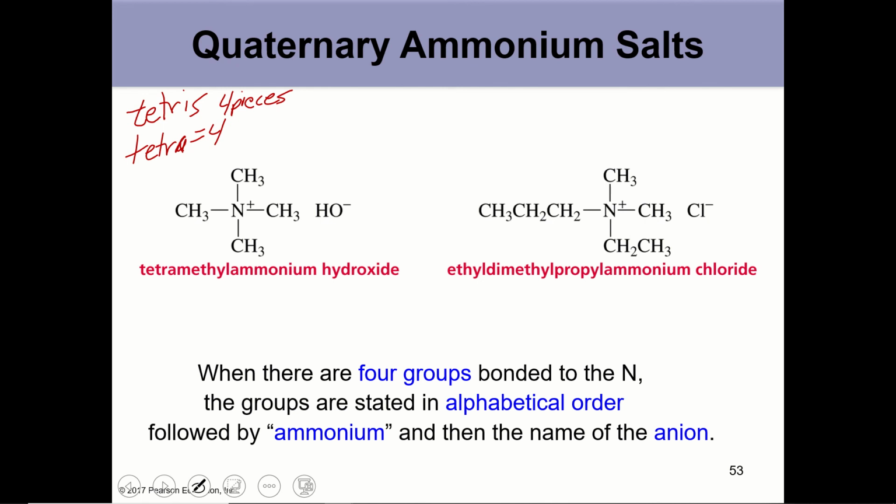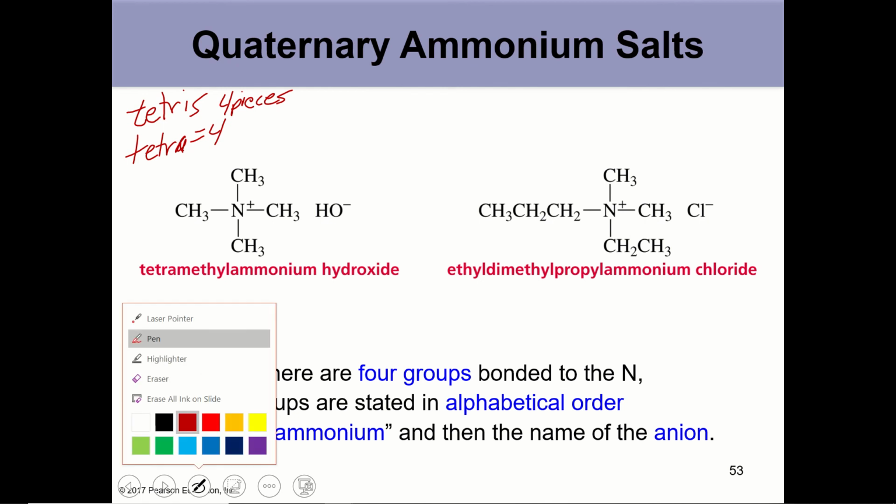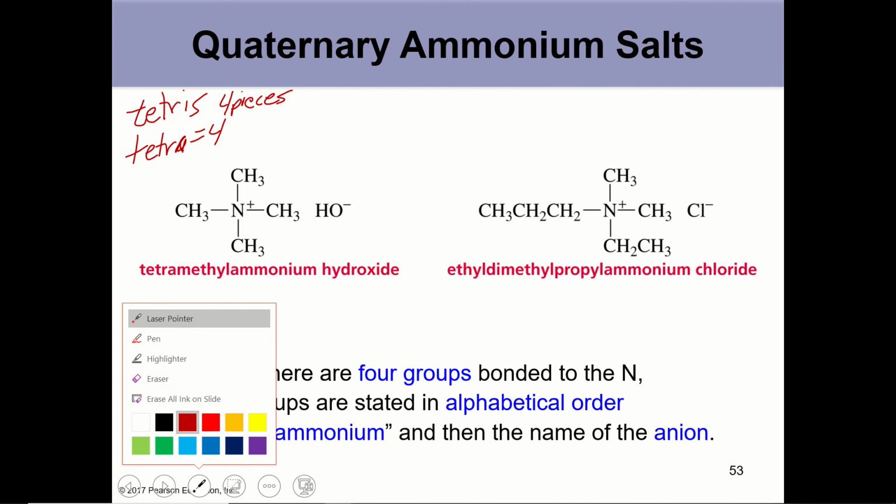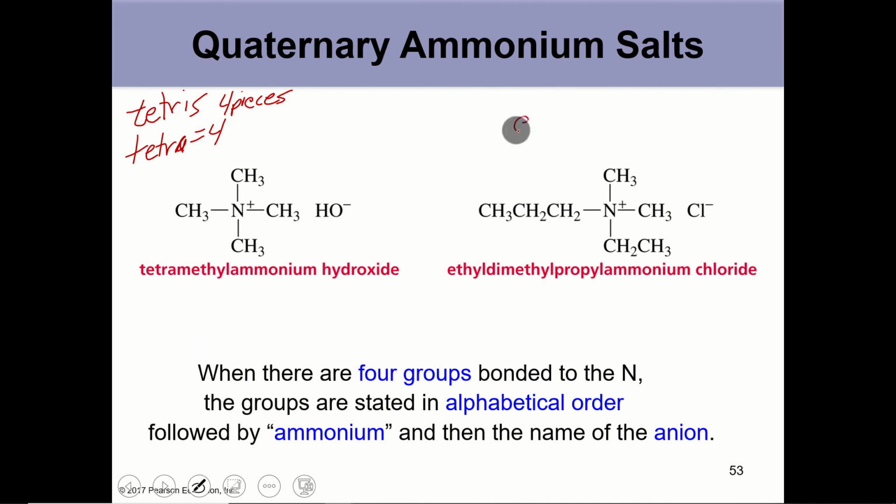For the molecules where the groups are not all identical, again, you're going to list them in alphabetical order. So here we have a nitrogen that is bonded to 2 methyl groups, an ethyl group, and a propyl group. In alphabetical order, we would say ethyl, methyl, then propyl.